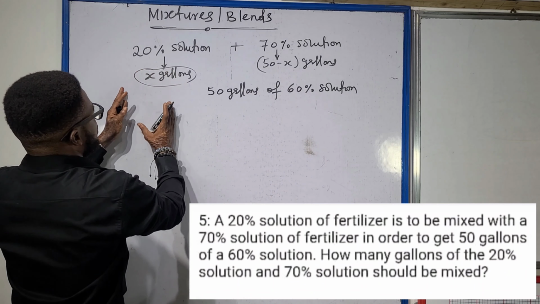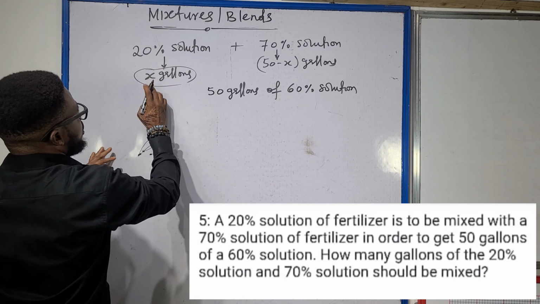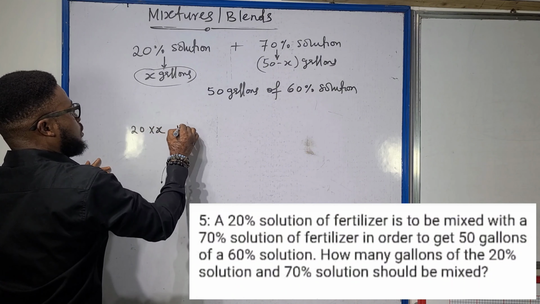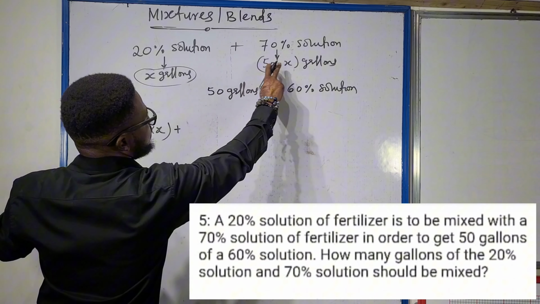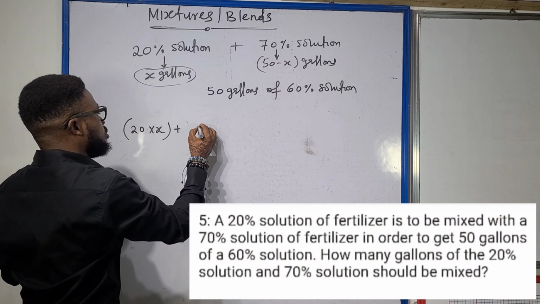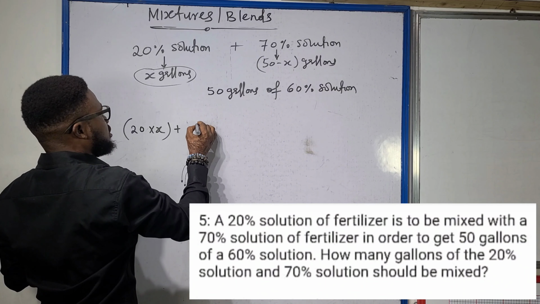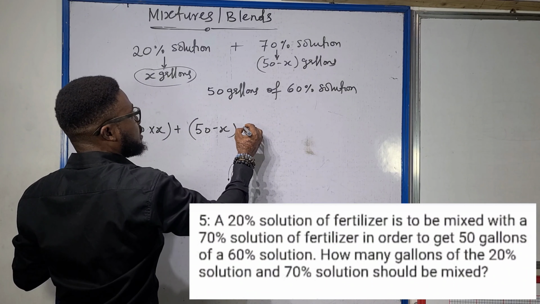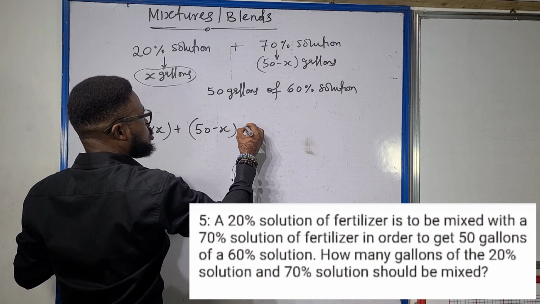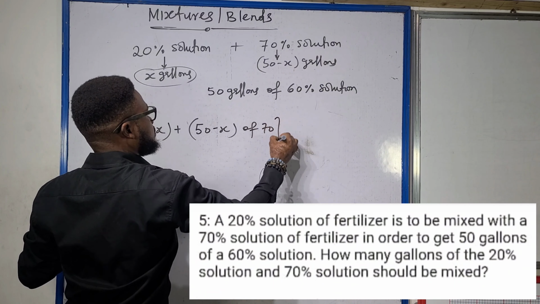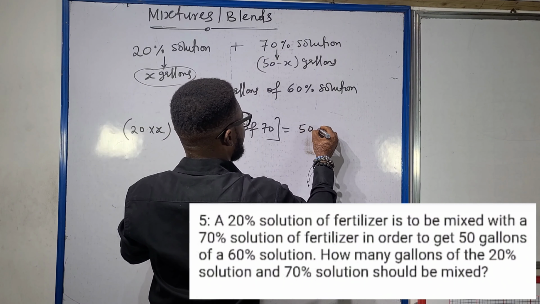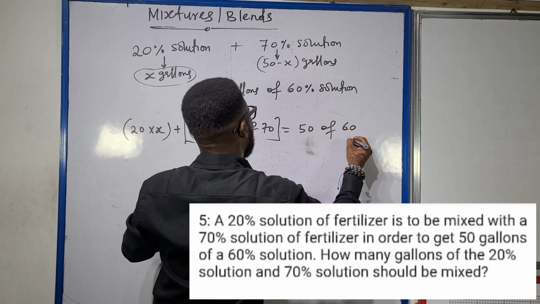In this situation, you're going to have 20% of x gallons, that's 20 times x, plus 70% of 50 minus x gallons, so 50 minus x of the 70% solution, to give us 50 gallons of the 60% solution.